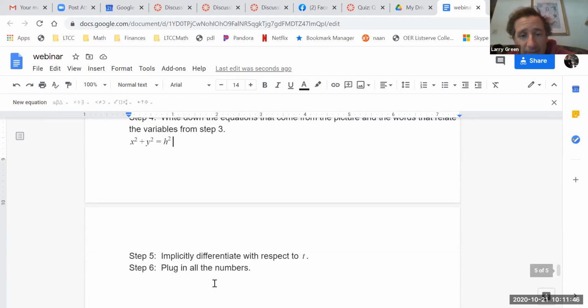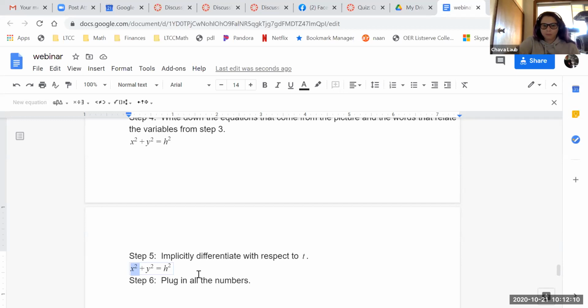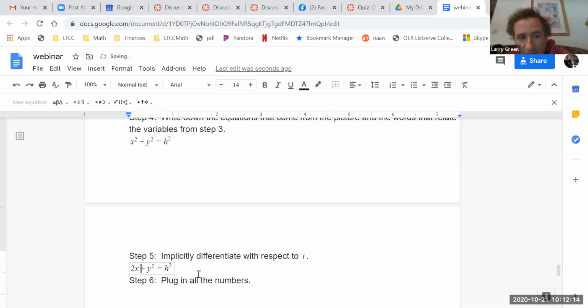Any questions so far? Okay, step 5, implicitly differentiate with respect to t. This is the first time I've ever done exactly one of these types with those 3 letters, but that shouldn't bother you. What's the derivative of x squared with respect to t? 2x times dx over dt, right?